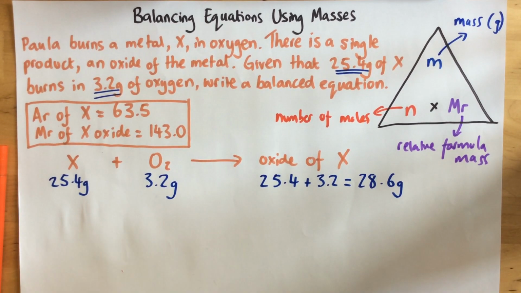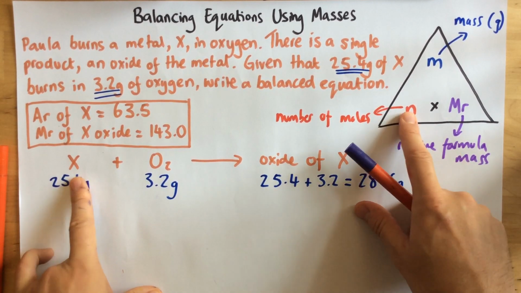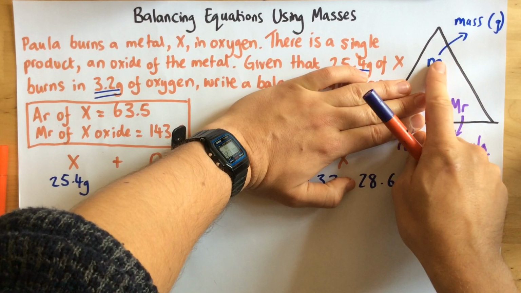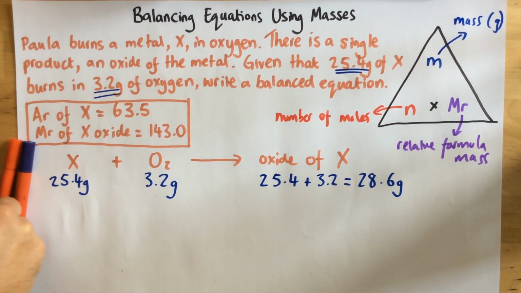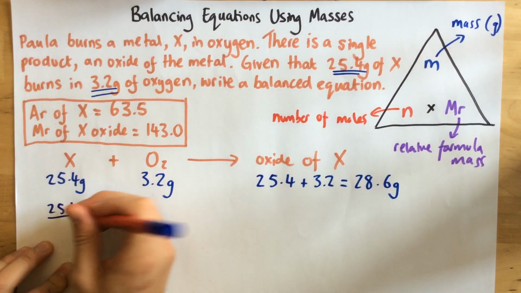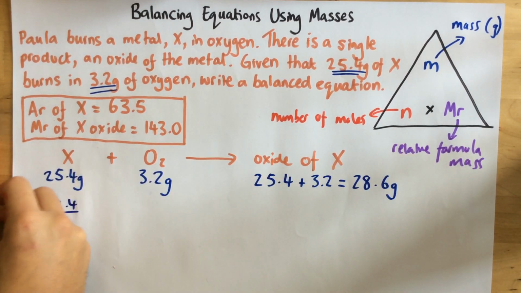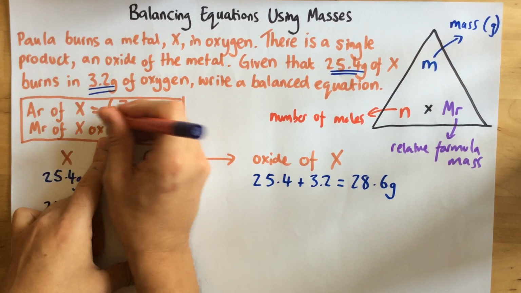So what I'm going to do first of all is find the number of moles of X right here. To find the number of moles, I need to do the mass divided by the relative formula mass. So in this particular instance, I'm going to do the mass, 25.4, divided by the relative formula mass of this. Now the relative formula mass is given right here. I'm told what it is right here.